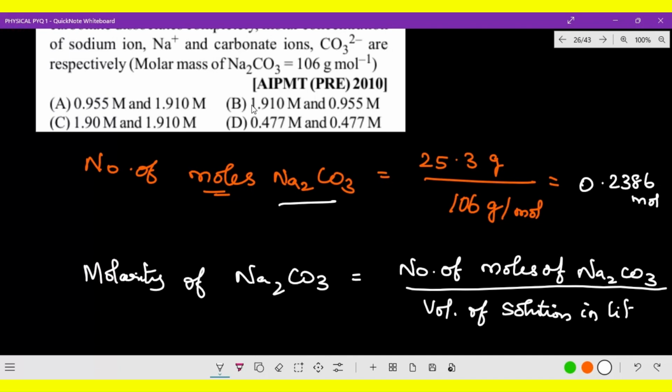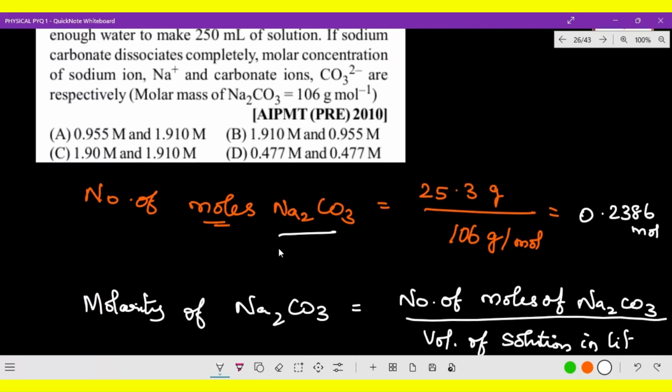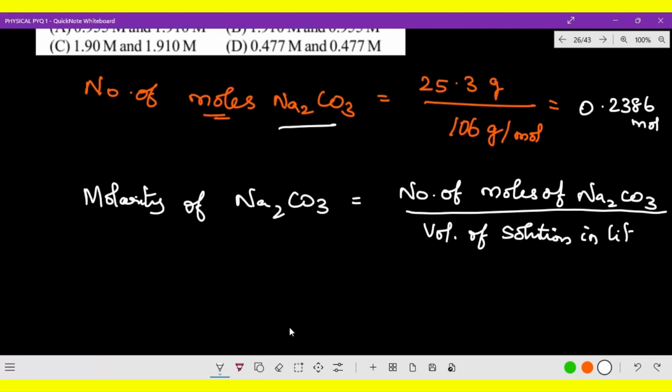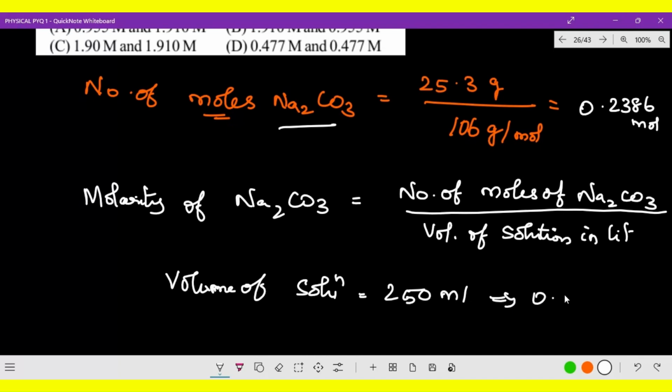Here they have given the volume in ml, so make it liter. The volume of solution is 250 ml, so it is 0.250 liter.